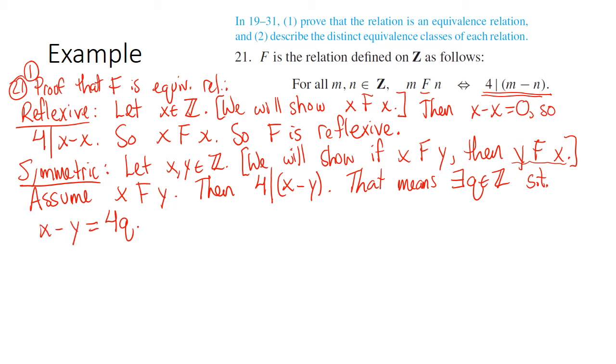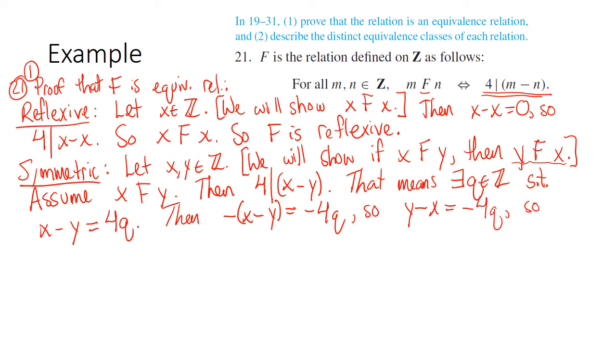Okay, so now we want to show that y is related by f to x, so that would mean that 4 would divide y minus x. So in order to show that, I can just take the negative of both sides here, so then negative x minus y equals negative 4q. So distributing the negative, what I get is y minus x equals negative 4q.